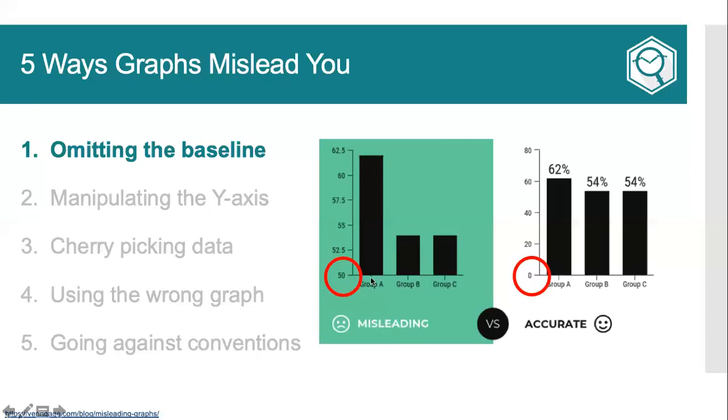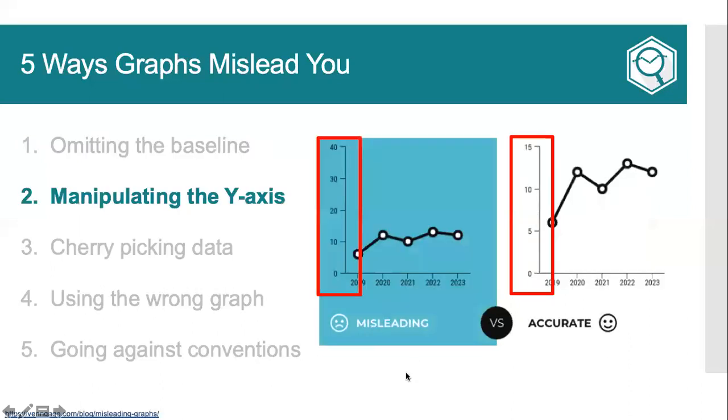It doesn't start at 0, which means that they're trying to show a much greater difference between group A and the other two, when in reality, the difference between the three isn't actually that large. So by changing the baseline here, they're able to shift your perspective on what the difference between the three groups is. All right, you can also manipulate the y-axis. By expanding or compressing the scale on a graph, you can make changes in your data seem more or less significant than they actually are.